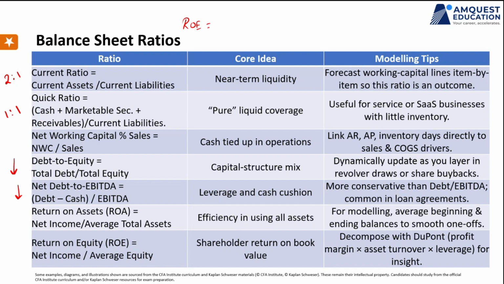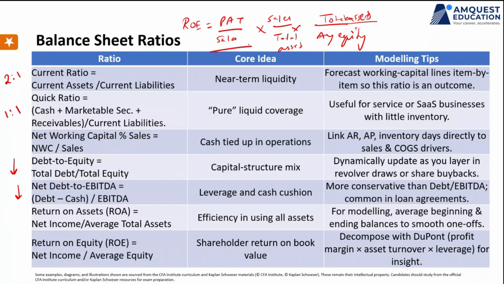ROE can be written like this: PAT upon average equity. However, now this ROE can be decomposed or broken down. So PAT divided by sales, sales divided by total assets, and total assets divided by average equity.